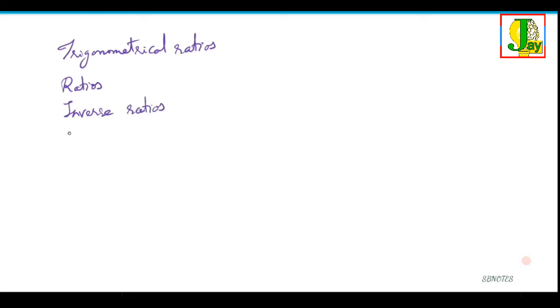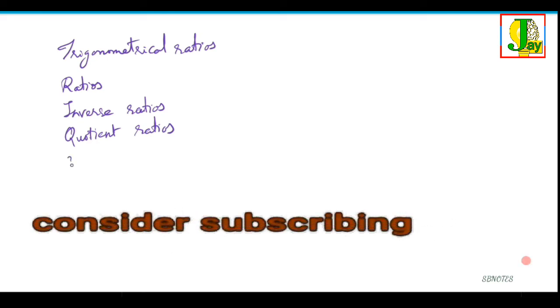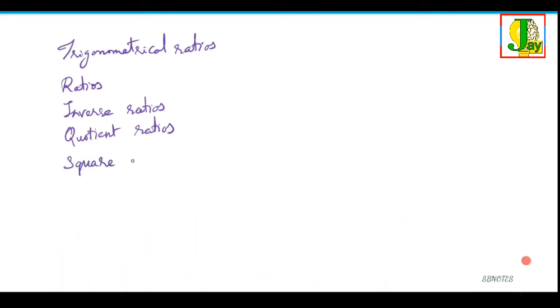What have we learned? We have learned the meaning of trigonometrical ratios, we have studied the different types of ratios, then we have studied inverse ratios relations, then quotient ratios relations, and square relations.